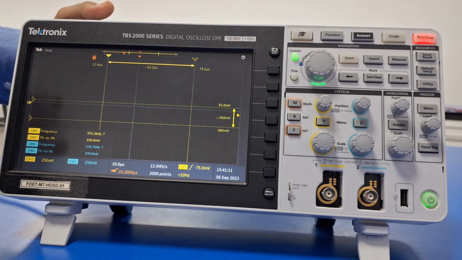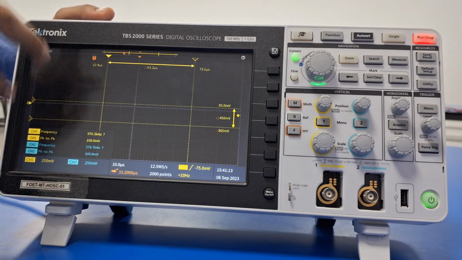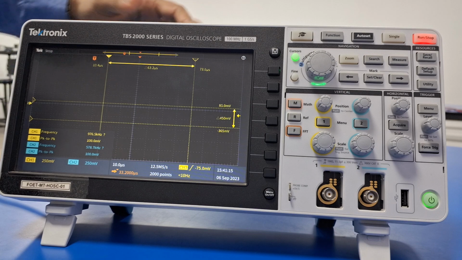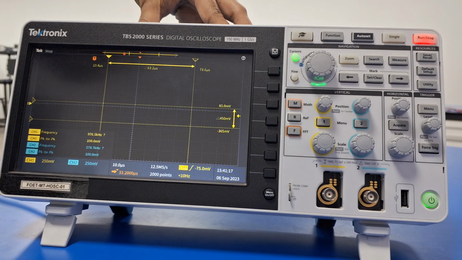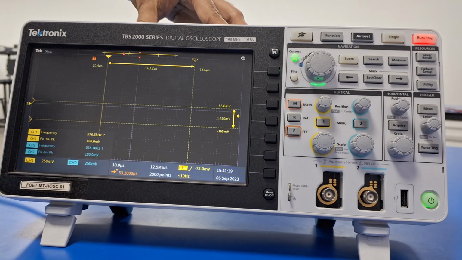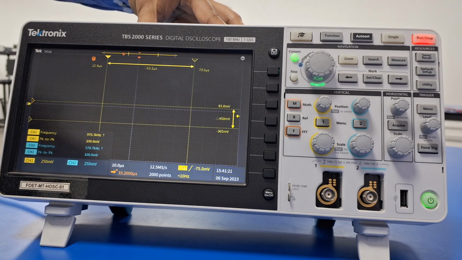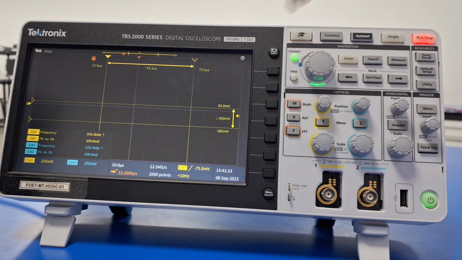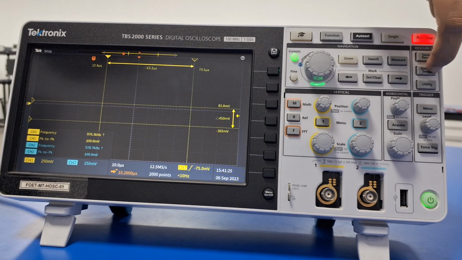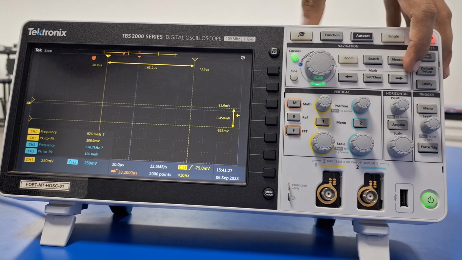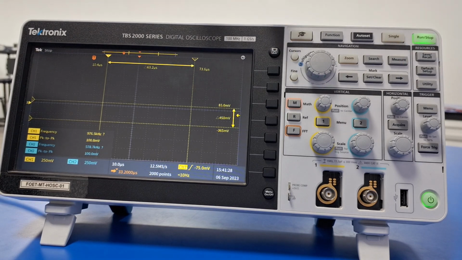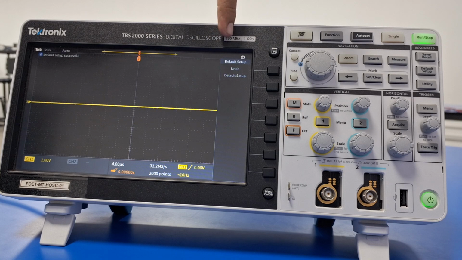To ensure that it is in the default state, you have to press a button. That button is called the default button. Again, that button will differ from brand to brand of oscilloscope. For example, here there is a single button for default setup. When I press that, the screen should reset and come to the default setup.